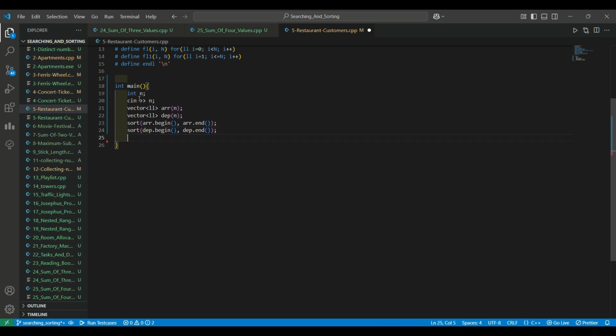We would sort both the arrival and departures. Then we will take a long type variable max customers, which would store the maximum number of customers. It would be initially 0. Then we will run a loop.